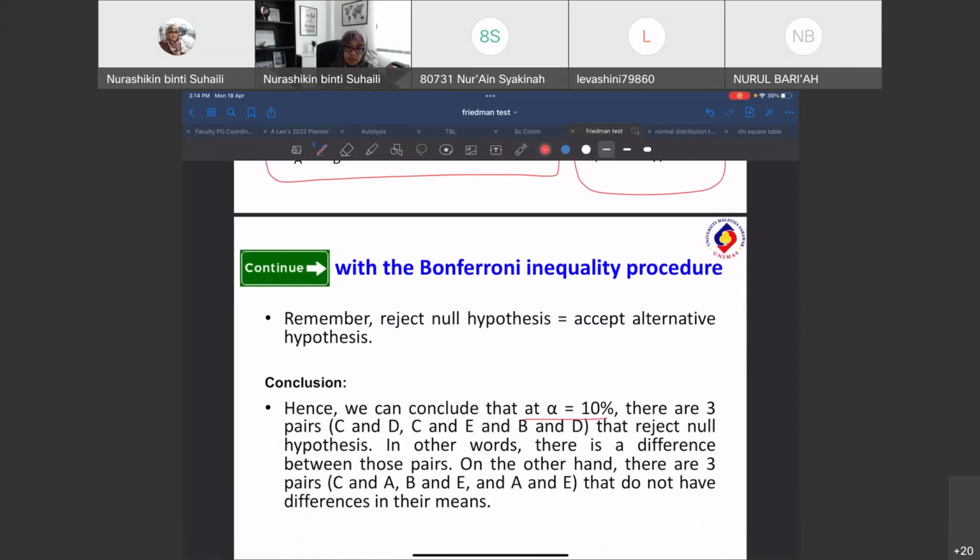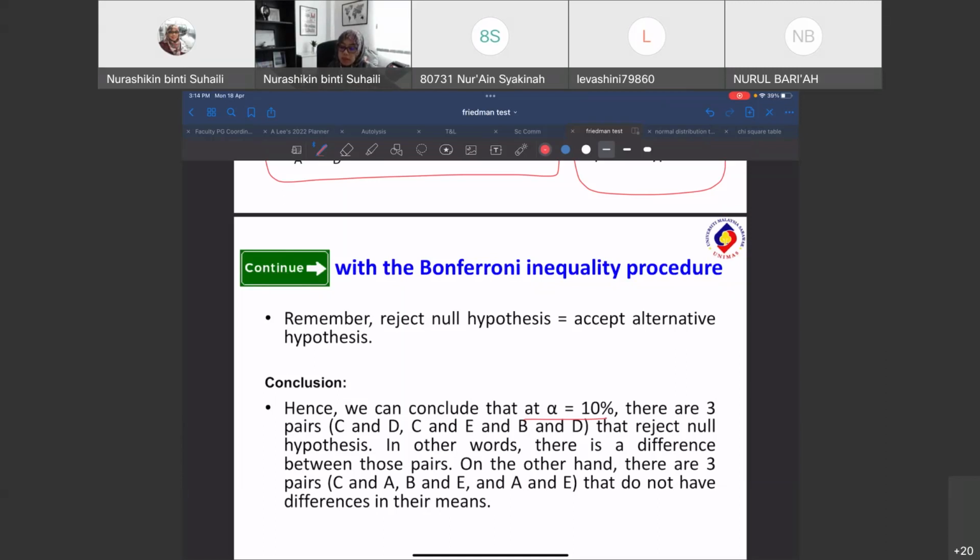Reject null means there is a difference. And another point is there are 3 pairs that do not have differences in their means because they accept the null hypothesis. Okay, so in the conclusion, there must be 2 conditions stated: which pairs have a difference and which pairs do not have a difference.